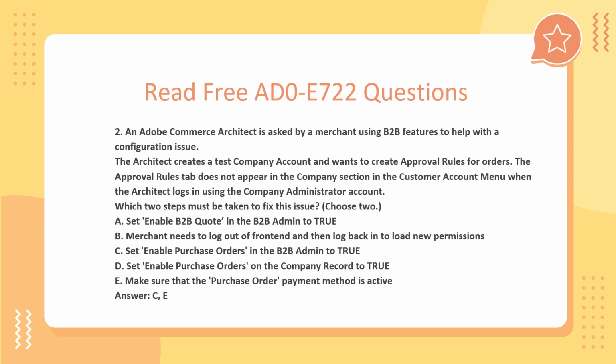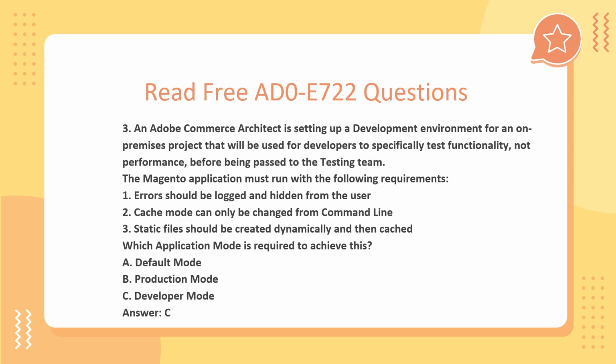B. Merchant needs to log out of front-end and then log back in to load new permissions. C. Set Enable purchase orders in the B2B admin to true. D. Set Enable purchase orders on the company record to true. E. Make sure that the purchase order payment method is active. Answer: C, E.